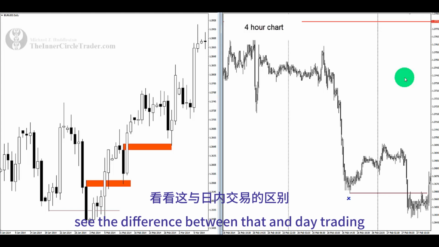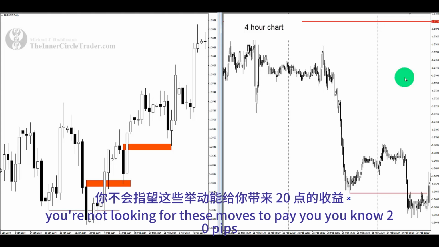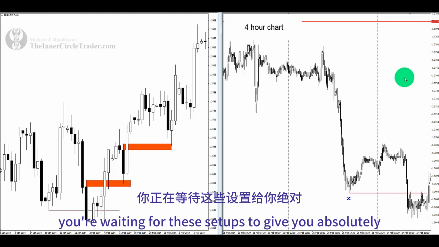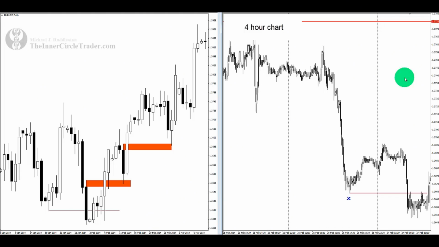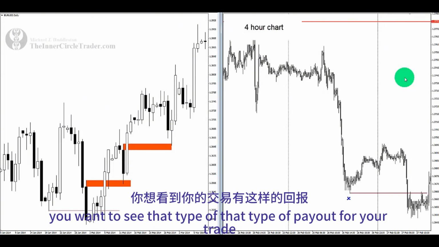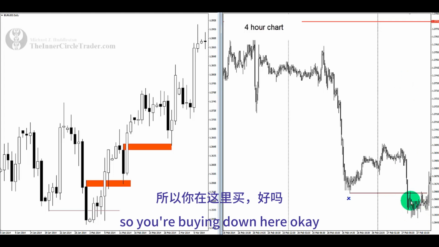See the difference between that and day trading? You're not looking for these moves to pay you 20 pips, 30 pips, and then move to the sideline. You're waiting for these setups to give you absolutely spectacular entries for big magnitude price ranges. You want to see that type of payout for your trade. So you're buying down here.